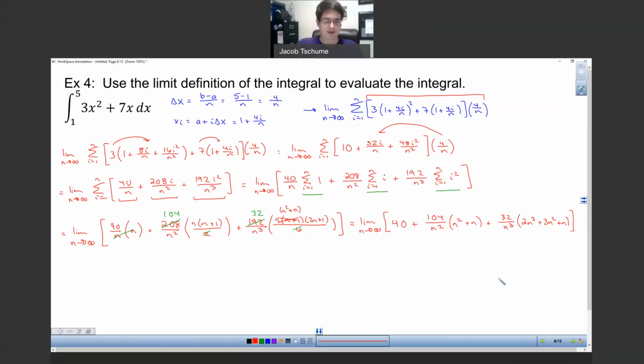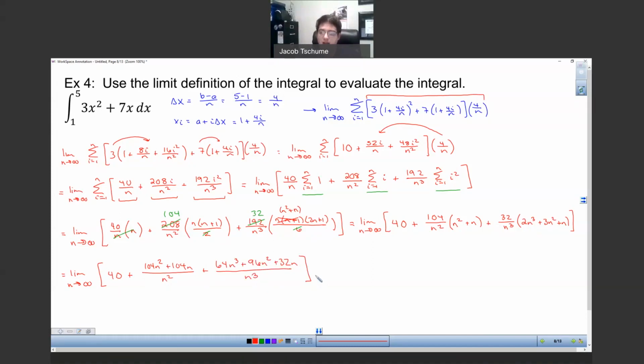All right. And then if I multiply what I can together, you end up with the limit as n goes to infinity of 40 plus (104n² + 104n)/n² plus (64n³ + 96n² + 32n)/n³. Here's why you covered limits in such detail in Cal 1.